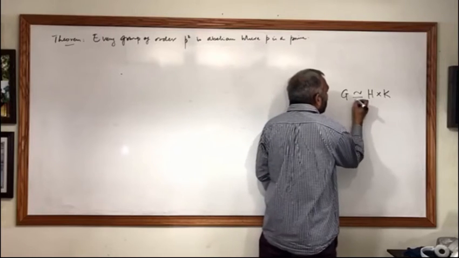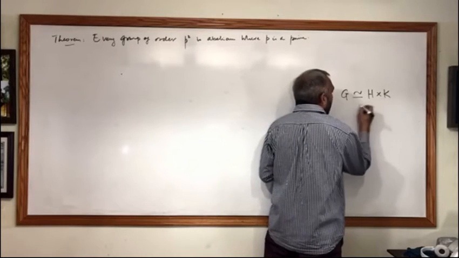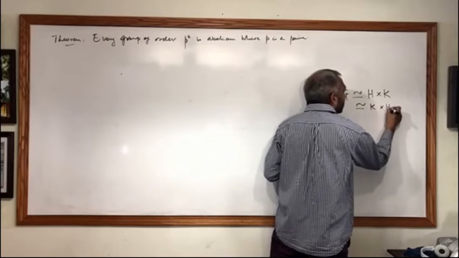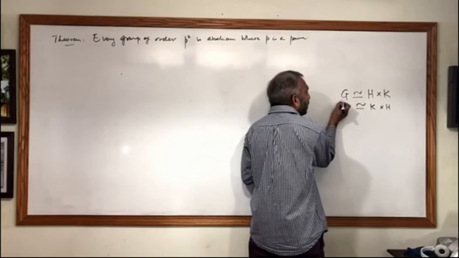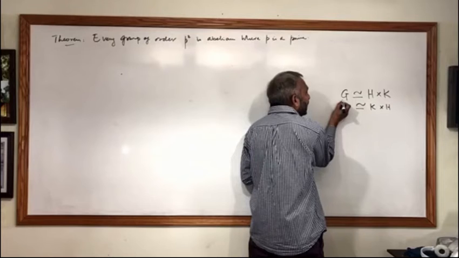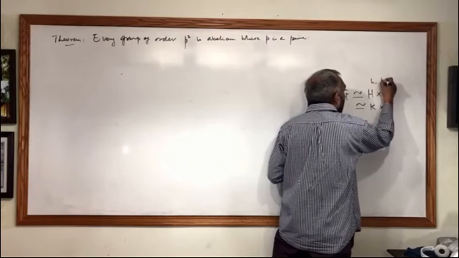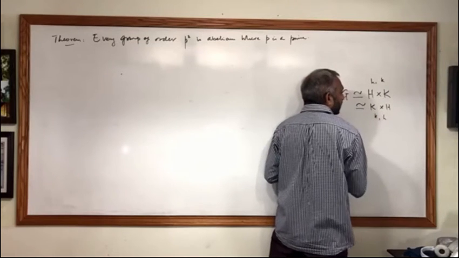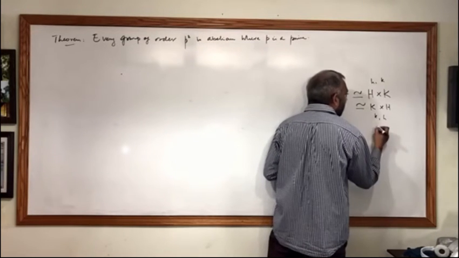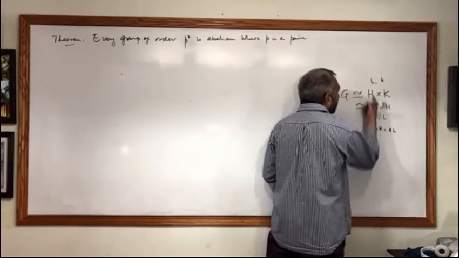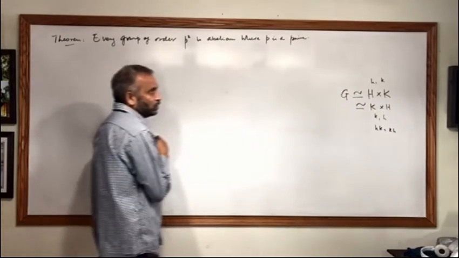Because if this is isomorphic to H cross K, it's also isomorphic to K cross H. That means every element of G can be expressed as h comma k and k comma h. So hk is equal to kh, and hence they are abelian. And that is the way we are going to show it.